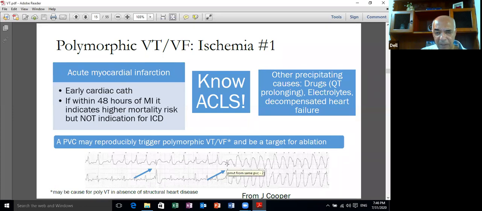So these PVCs, particularly if they are early and producing an R-on-T phenomenon, can be the inciting point of polymorphic ventricular tachycardia. If they are unifocal, then they are subject to ablation, and this would be satisfactory treatment. This is the only type of polymorphic ventricular tachycardia that is targeted for ablation, so it shouldn't be mistaken.